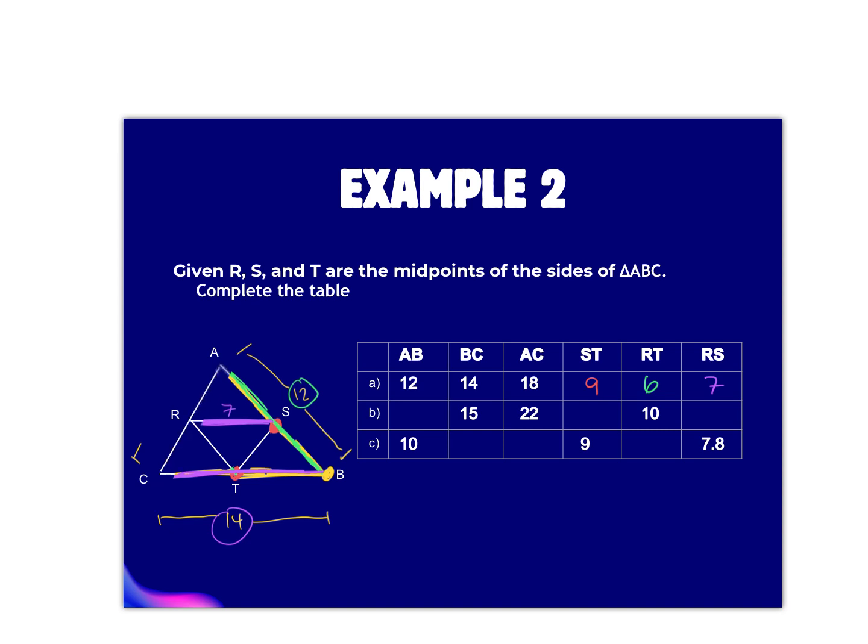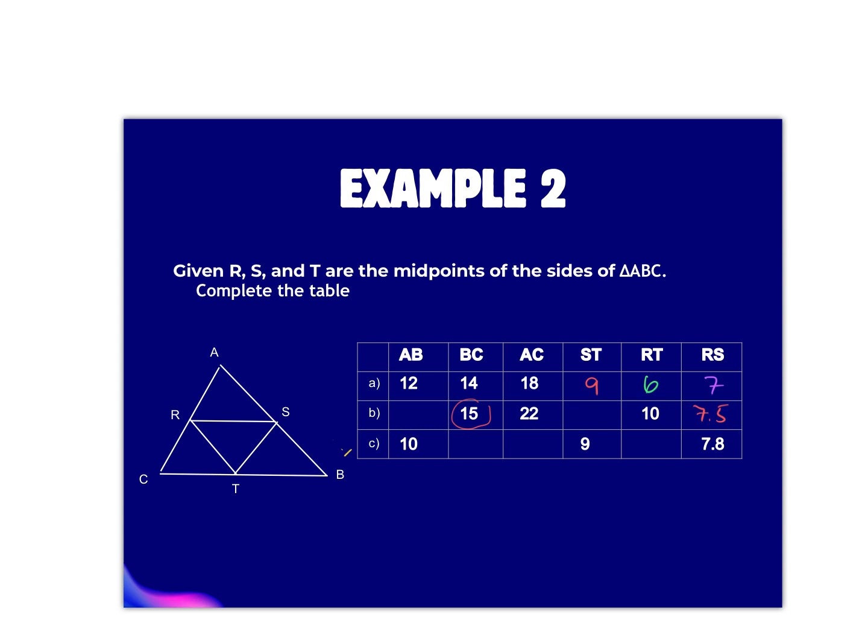Again, I'm just going to erase everything. You can go back and look at it if you want. And I've got new information for problem number 2. In problem number 2, it tells me that BC is 15. If BC is 15 from here to here, then I know RS is going to be half of that, which is 7.5.